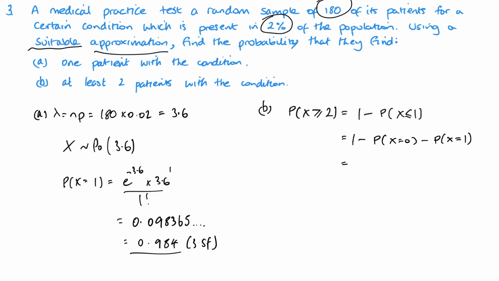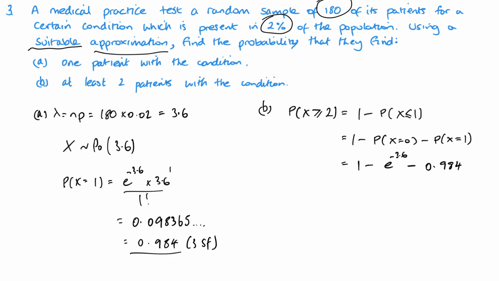Now x equals 1 we've obviously already found, and when x equals 0, that's a nice one, isn't it? Because we get e to the minus 3.6, and then we have 3.6 to the power 0, which is 1. 0 factorial is also 1.